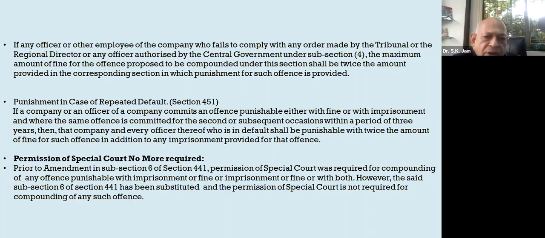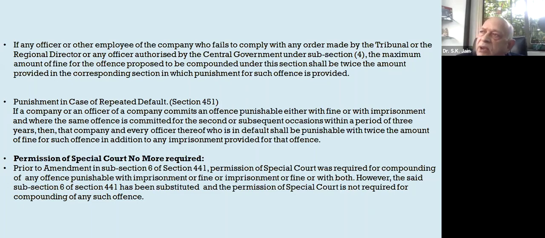If a company or an officer of the company commits an offence punishable either with fine or with imprisonment, and the same offence is committed for the second and subsequent occasion within a period of 3 years, then that company and every officer thereof who is in default shall be punishable with twice the amount of fine for such offence, in addition to any imprisonment provided for that offence.